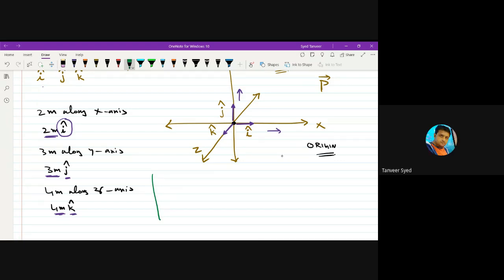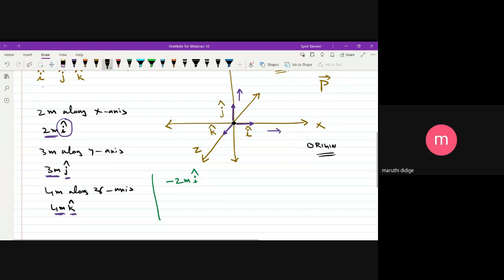I am representing displacement here, it can be force, it can be velocity, it can be acceleration, anything. To easily understand, I am taking the example of displacement here. Suppose I write like this, minus 2 meter I cap. What does this mean? Sir, negative x-axis, left.